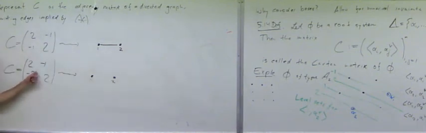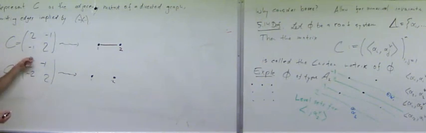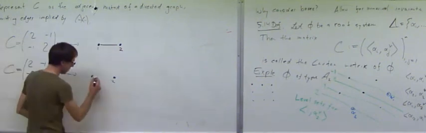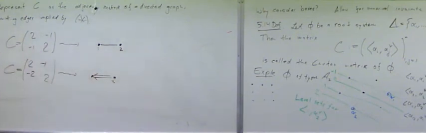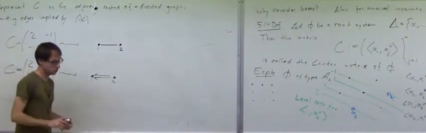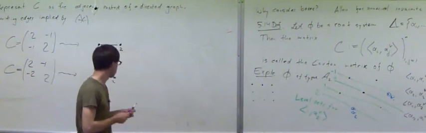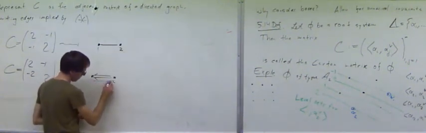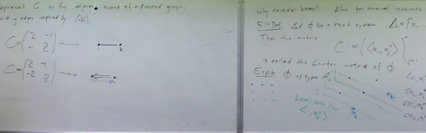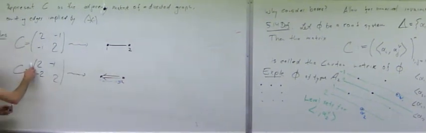So here I have a -2 component in the 2, 1 entry. So we'll draw 2 edges from 2 to 1. Then I have a -1 component here in the 1, 2 entry. So I would have to remember this by 1 arrow in the other direction, from 1 to 2.